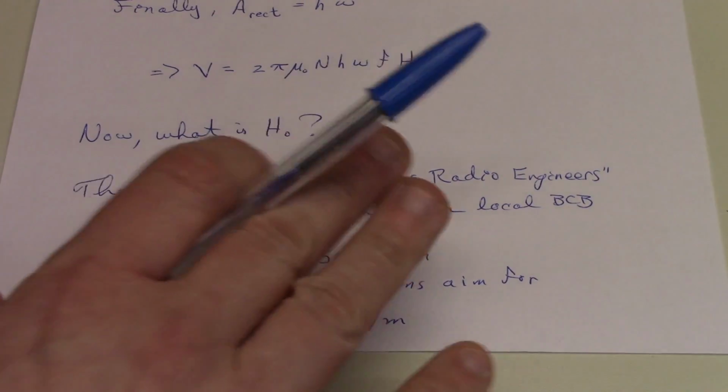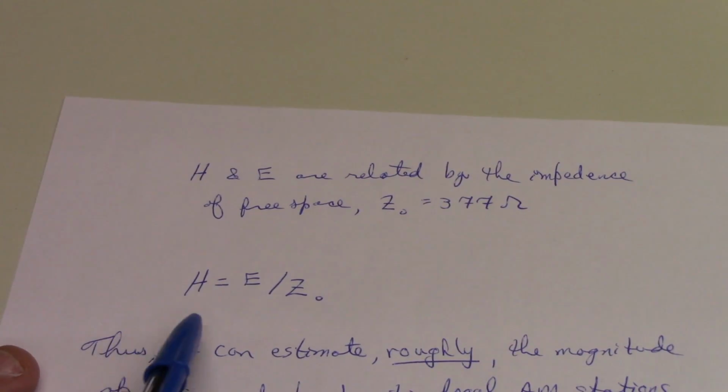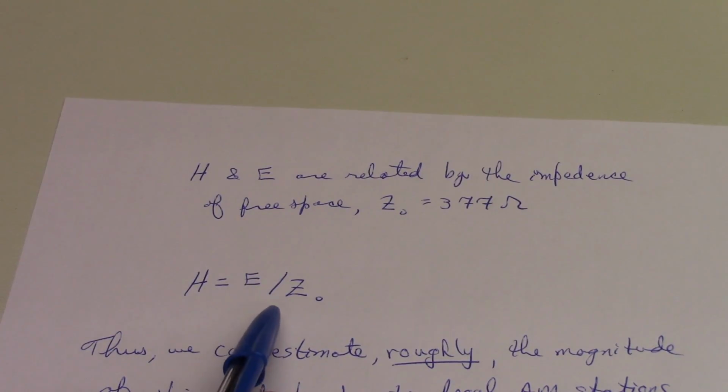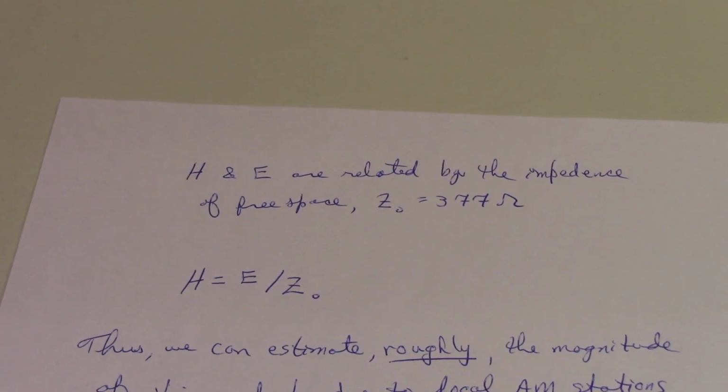So, what does that buy us? Well, what that buys us is that we know that there's a relation between the magnitude of the magnetic field and the magnitude of the electric field in a traveling electromagnetic wave. And they're related by a factor of Z naught, the impedance of free space, which turns out to be 377 ohms.